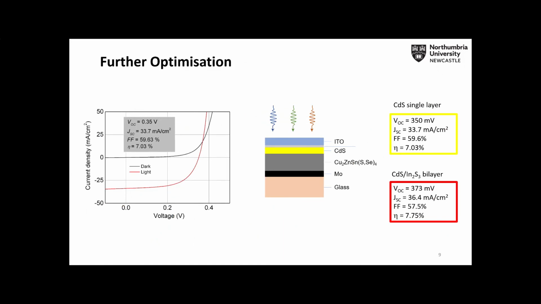This is a current density voltage curve for a good device, about 7%, that uses cadmium sulfide. And what we did is we took out the cadmium sulfide and replaced it with a bilayer of cadmium sulfide and indium sulfide. So what we've been able to do here is reduce the cadmium sulfide layer from about 80 nanometer to about 20.